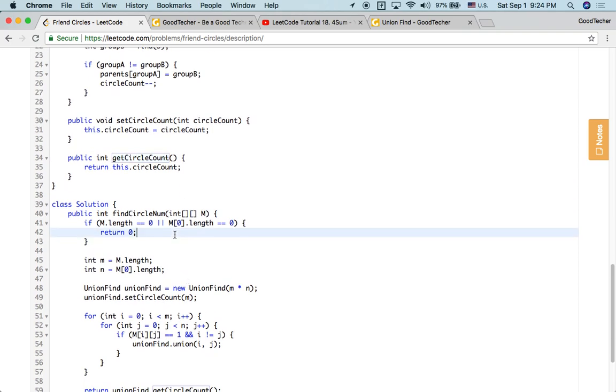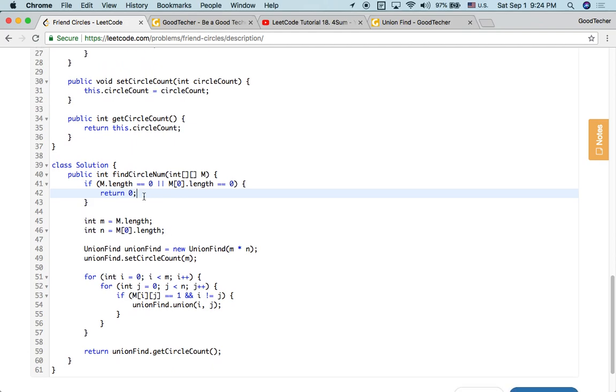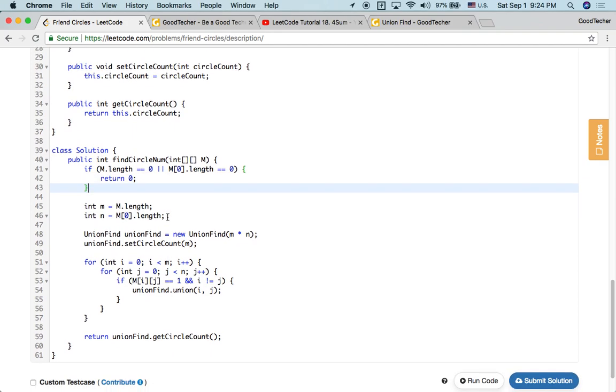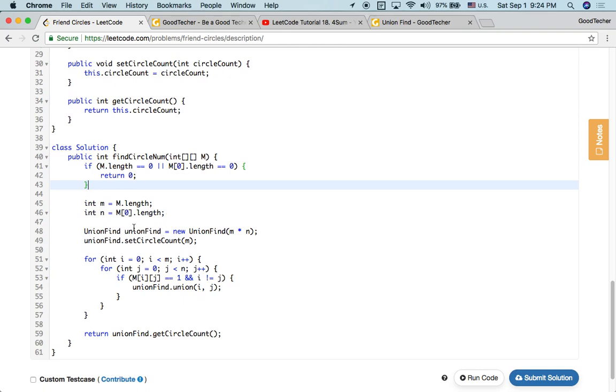And here in the solution class, we first have the edge case checks, and then we initialize the union find object. First set the circle count to m, and then whenever we are doing a friend circle merge, we are going to do union of i and j.